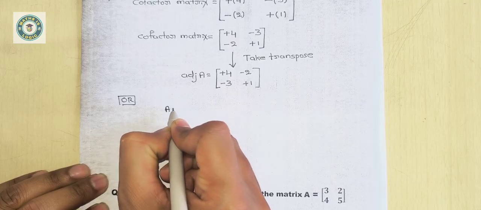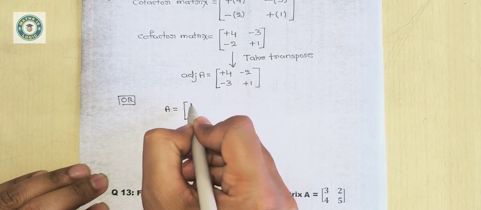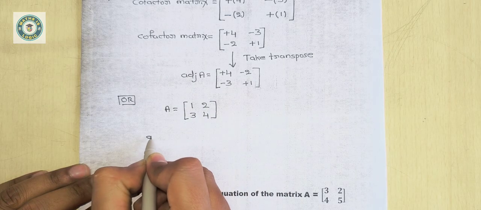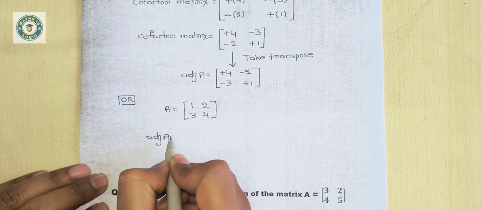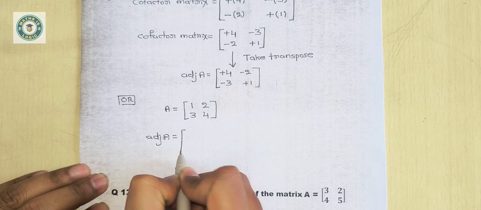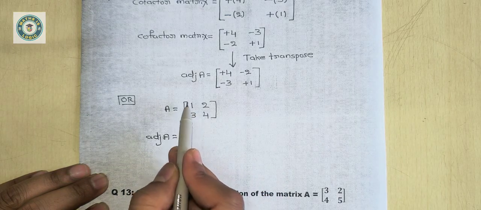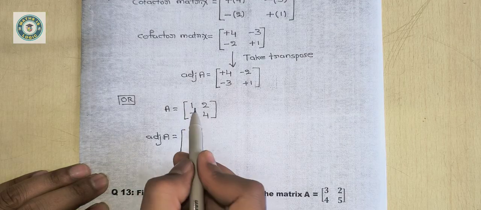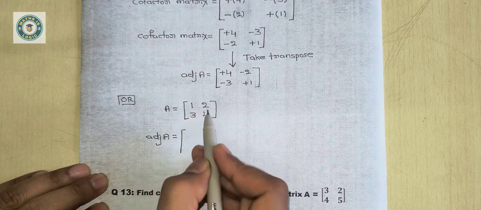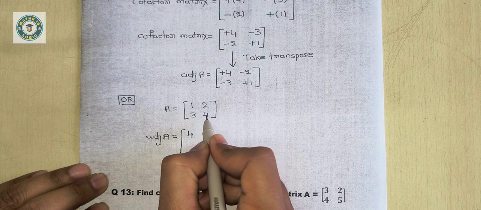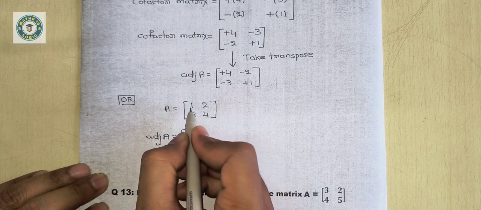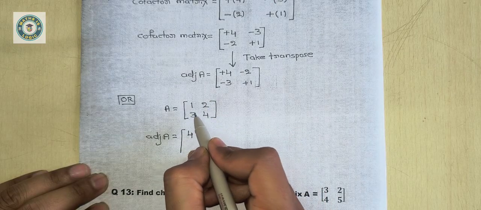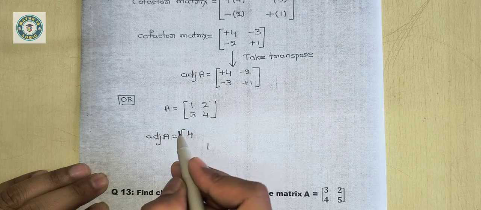Given matrix A is equal to 1 2 3 4. So here directly we can find the adjoint of A. We need to interchange the principal diagonal elements. So these two numbers are called the principal diagonal elements. Interchange means in the 1 place write 4, in the 4 place write 1. After interchanging the principal diagonal elements, for the remaining elements we only need to change the sign.